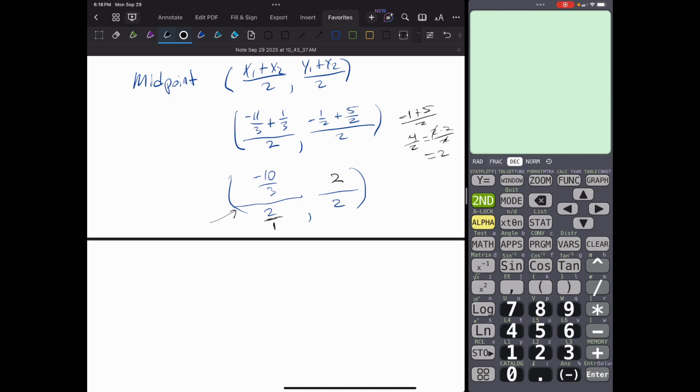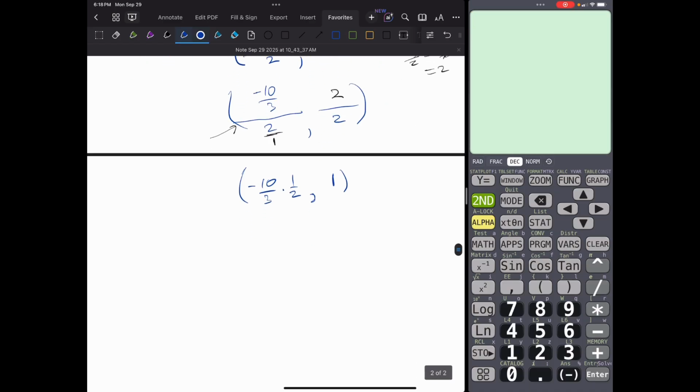It's a big mouthful, but what it leaves me with is negative 10 thirds times 1/2, comma, 1, because this is 2 divided by 2, that's 1. And so that 1/2, I take the reciprocal of it, which means I exchange the numerator and denominator, and I turn it into multiplication. You can remember some of our work with complex fractions earlier. That's a byproduct of that.